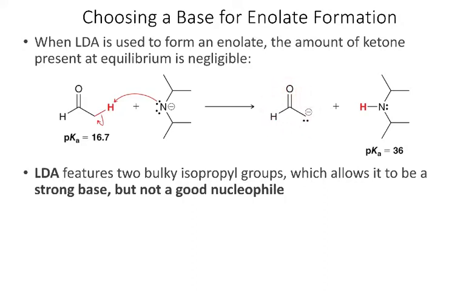And if we compare the pKa of our typical aldehyde with the pKa of the conjugate acid of LDA, we can see the pKa of the conjugate acid of LDA is much higher than the pKa of the aldehyde. So the side that's the stronger acid will force the equilibrium to the other side and will favor the enolate when we use LDA as a strong base.